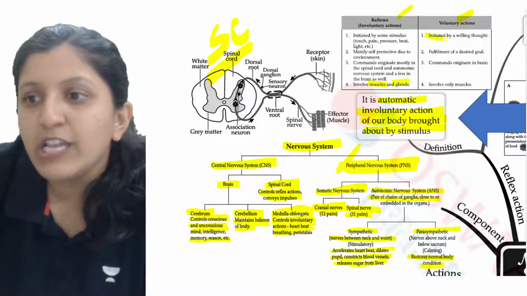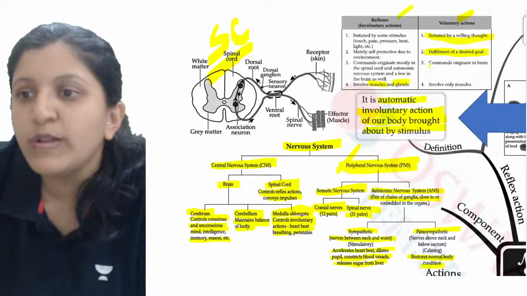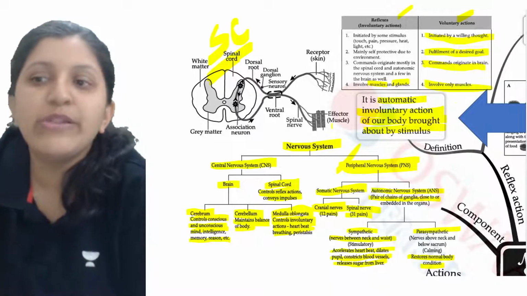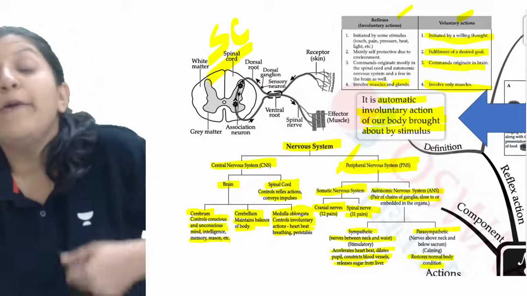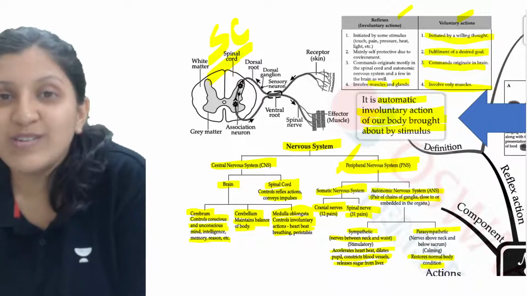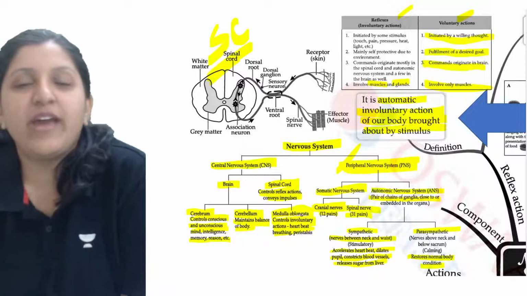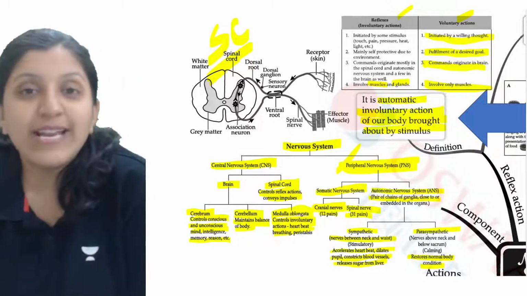Voluntary action is initiated by a willing thought, for fulfillment of a desired goal. Commands originate in the brain itself, and it involves only muscles. It is an action which is under our control, but glands we cannot control. For example, if I ask my tear gland to pour a tear, that is not possible.